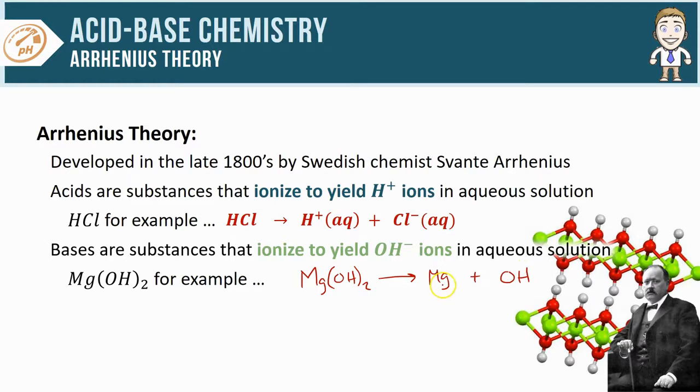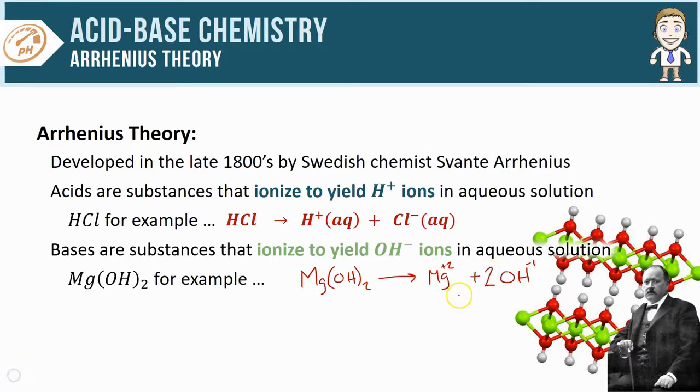This dissociation is an ionization process, so these new separated particles will have charges, Mg with a +2 and hydroxide with a -1. With this particular one, we have some balancing to take care of as well. You can see that magnesium hydroxide actually has 2 hydroxides for every magnesium, so I have to represent that in my equation, showing that this will actually produce 2 OH-.